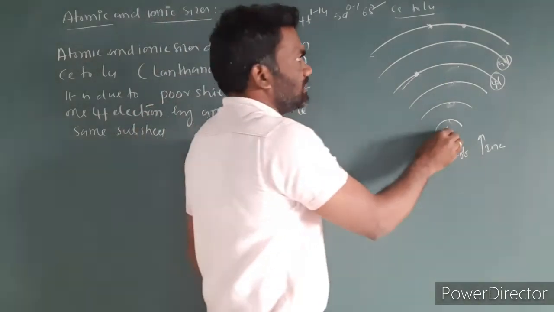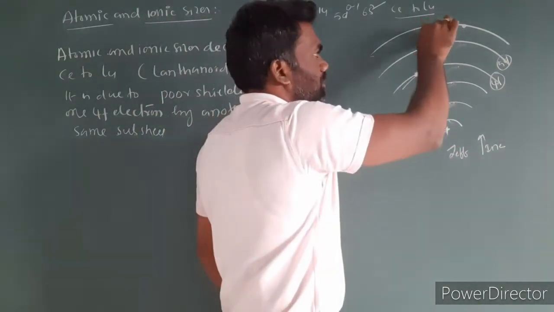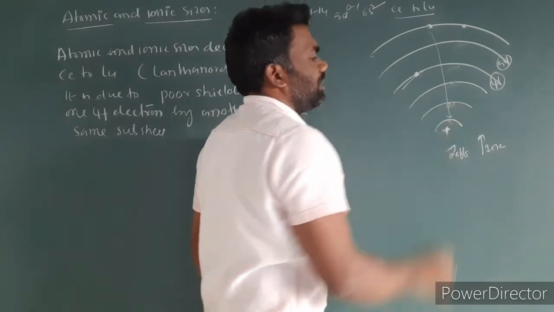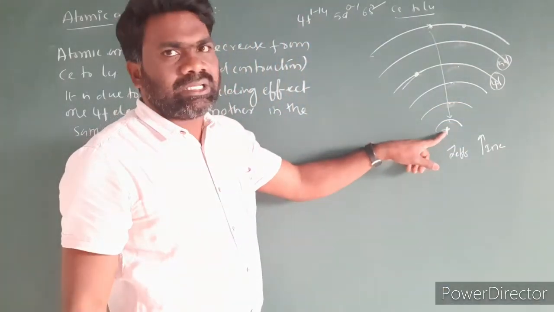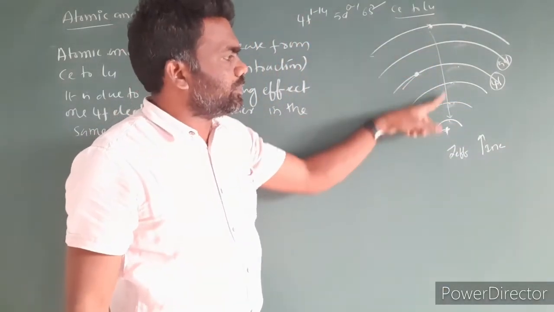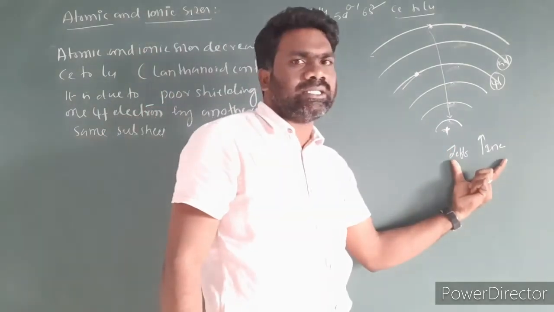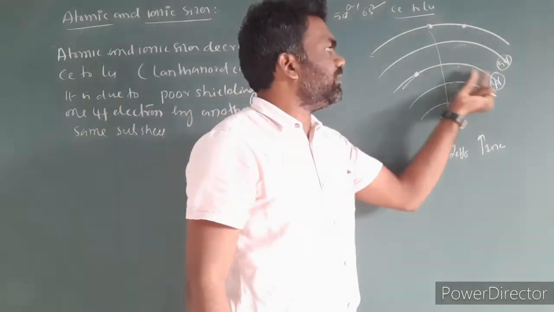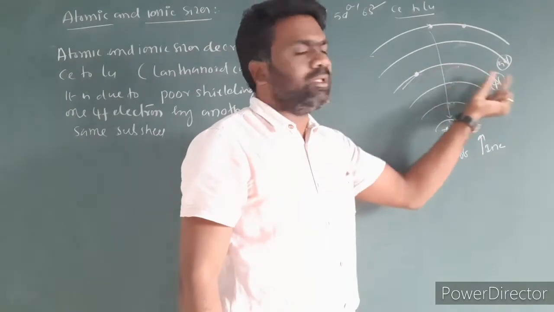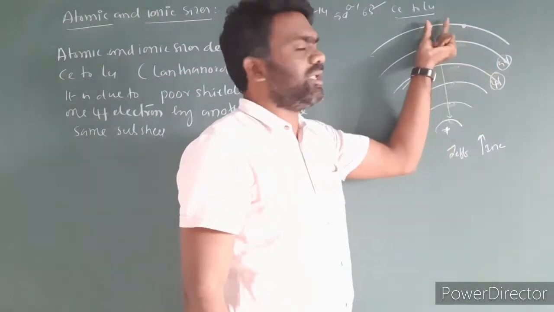So the nucleus pulls the outermost electrons very strongly towards itself because the nuclear charge is increasing. But the electron is added in the 4f orbital, in the antepenultimate shell, not in the valence shell.